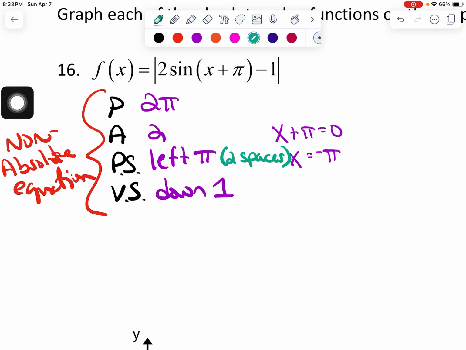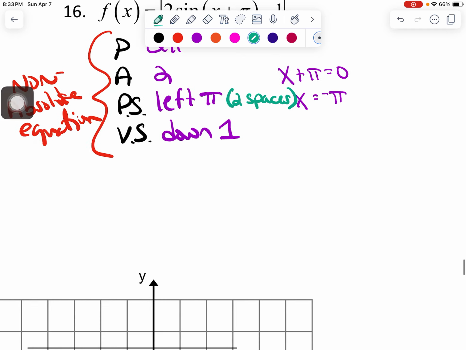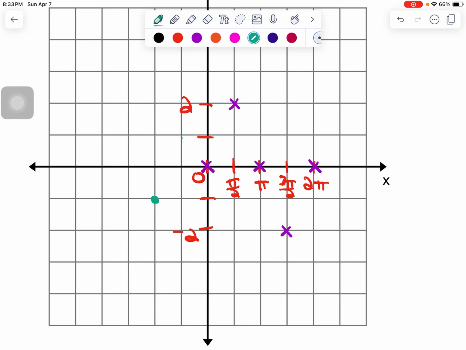So every one of my little x's is going to move 2 spaces to the left and 1 space down. Okay, so 2 spaces left, 1 space down. So this is if absolute value wasn't even a part of this problem. This is where all my points would be.